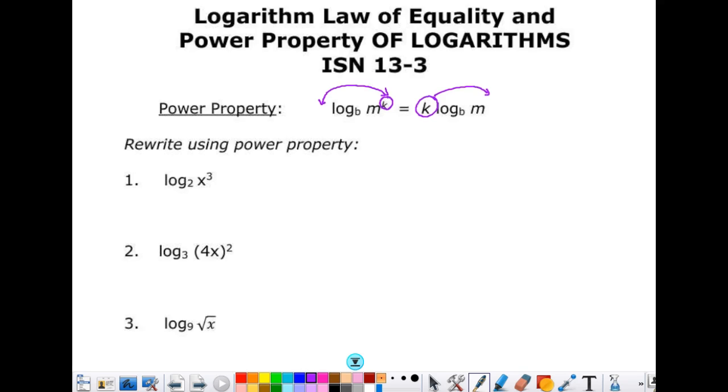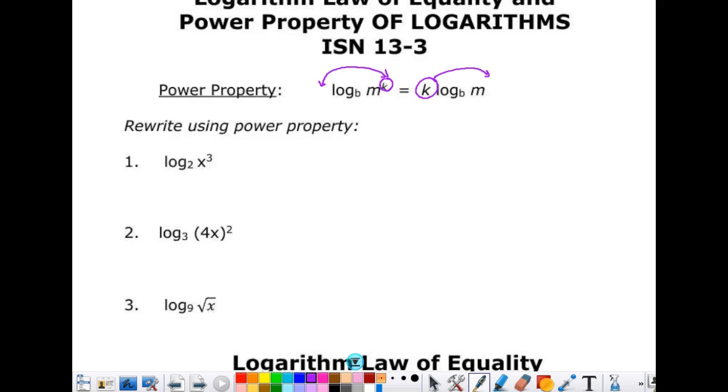And so let's look at a couple of examples like that. It says rewrite using the power property. So this 3 right here, we could put in the front of the log, and it would be perfectly legal to do that. Here, this 2, we can put in the front, and it would be perfectly legal to do that using the power property of logs.